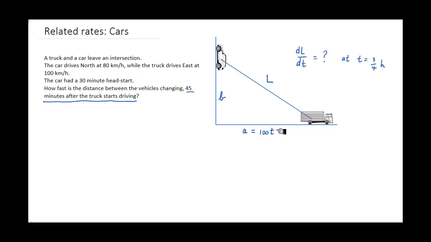T is the time in hours. Similarly, B would be equal to 80t, but the car had a head start of 30 minutes, and 30 minutes is half an hour, so the head start is 40 kilometers.